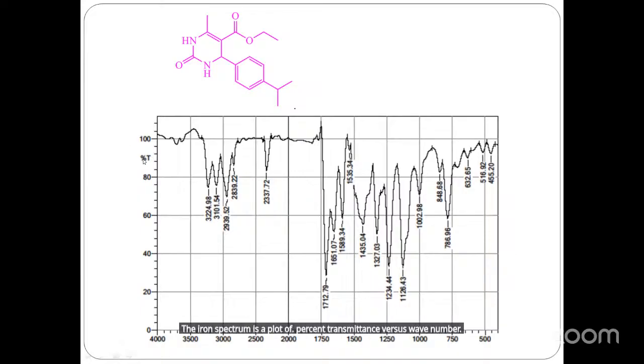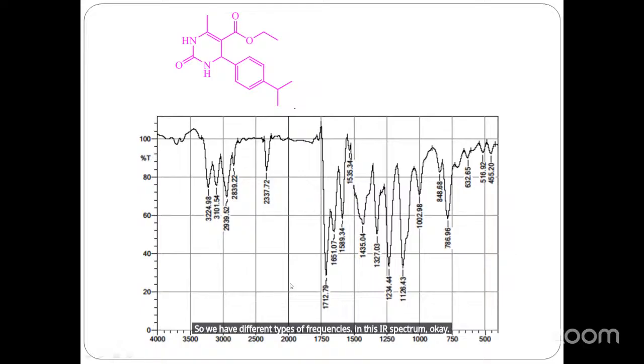On this axis, you can see percent transmittance is given, and the frequencies, the wave number, are in reciprocal centimeter. The range is 400 to 4000, you can see here. So we have different types of frequencies in this IR spectrum.